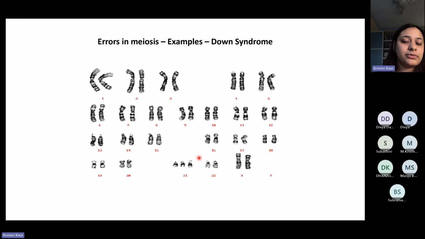It means the trisomy of chromosome 21, right? So this means that instead of the normal two copies of chromosome 21 that should be present, now we have three copies of chromosome 21 that are present, right? So this will be somehow deleterious to the person or individual who actually has this trisomy 21, right?